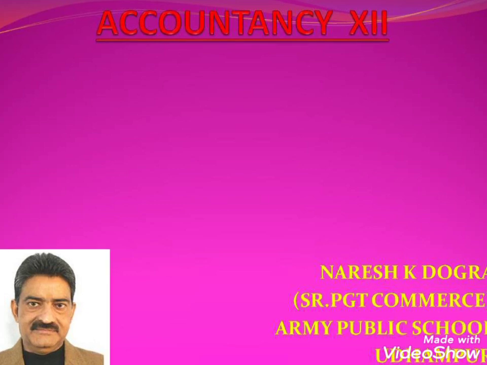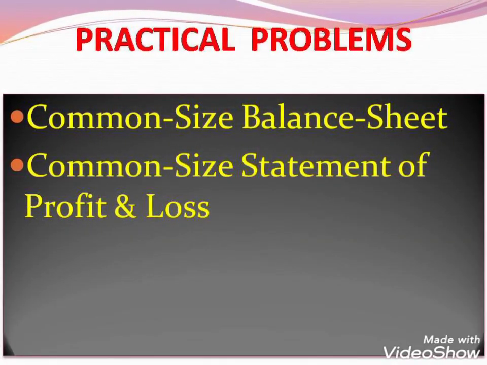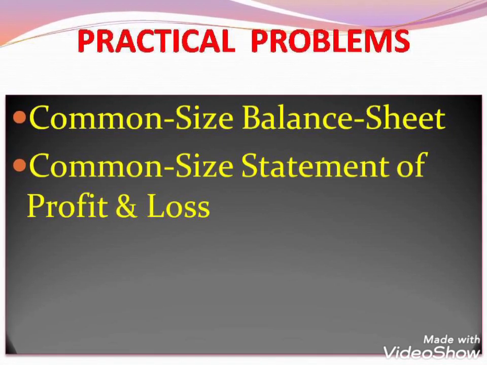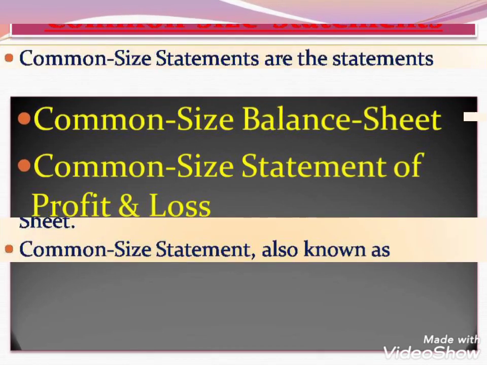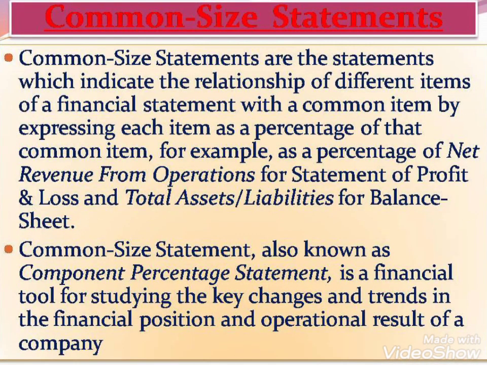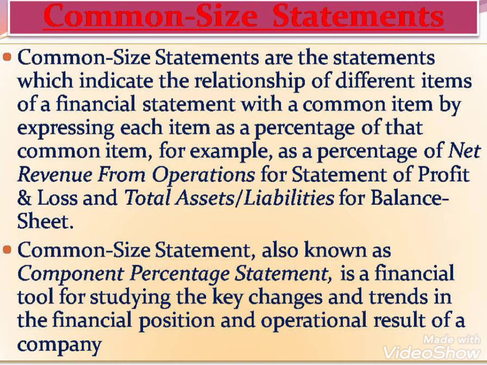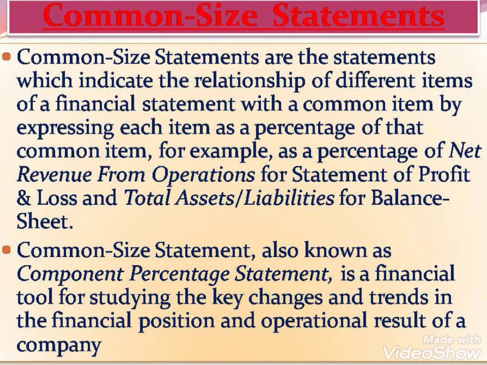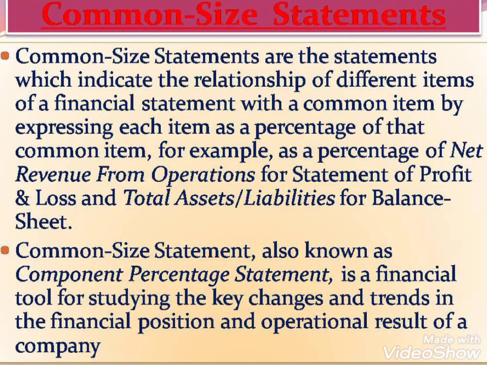Today we are going to discuss various practical problems based on common size balance sheet and common size statement of profit and loss. Common size statements, as earlier we had discussed, are the statements which indicate the relationship of different items of a financial statement with a common item by expressing each item as a percentage of that common item.